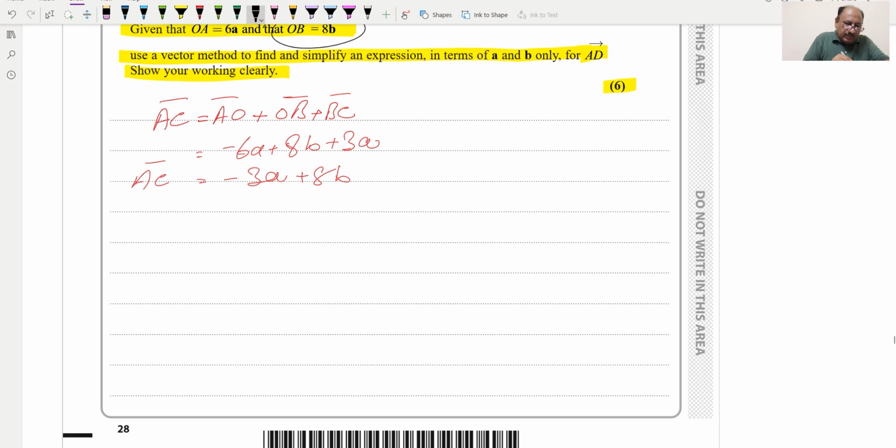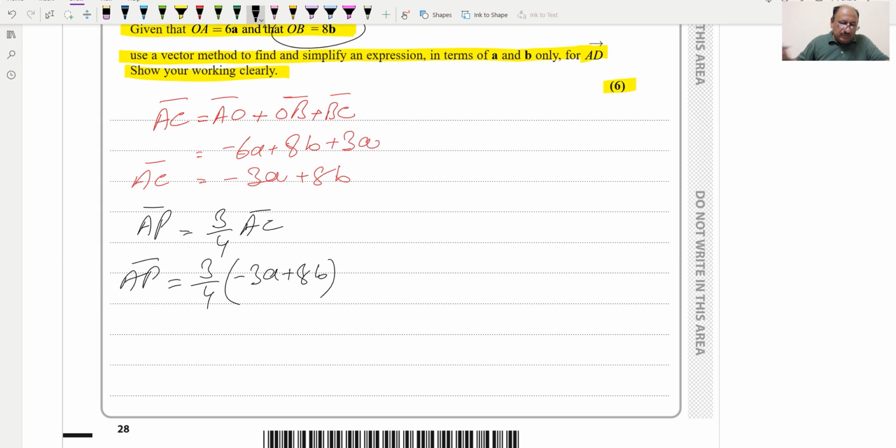We will be writing AP is equal to 3/4 of AC, and AC value we already have, and that value we can replace in this. We can take this value, which is minus 3a plus 8b, and this will be AP.